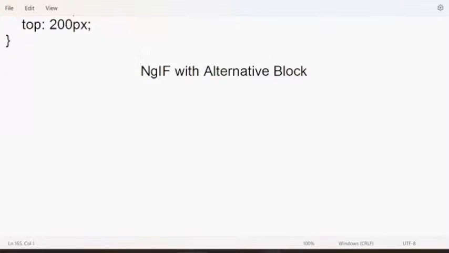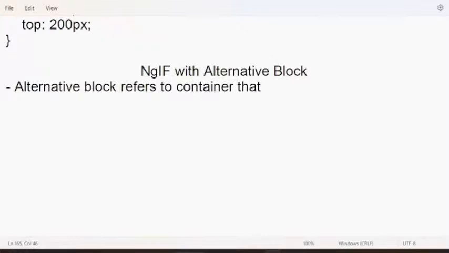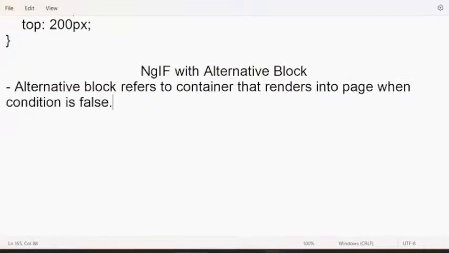It is nothing but the block to display when the condition is false. That means the alternative block refers to a container that renders into the page when the condition is false.